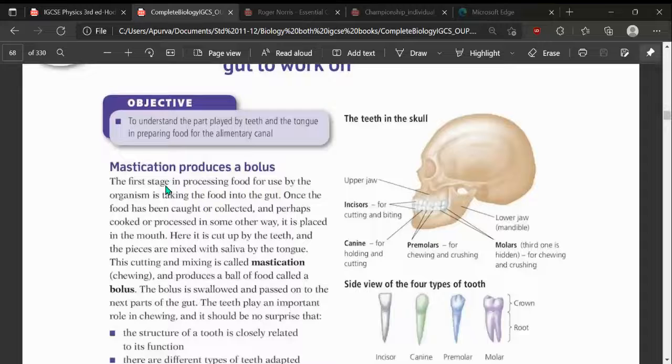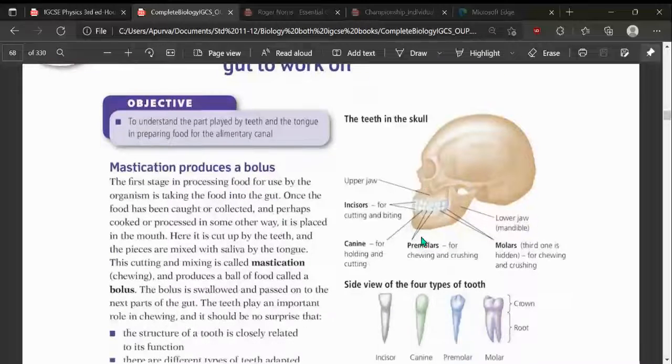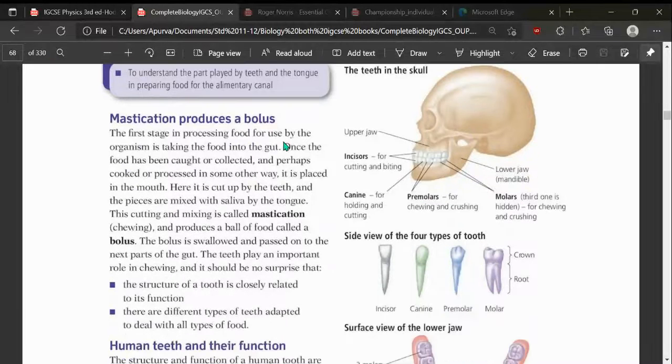Anyway, here you can see it's about the first step in processing food for use by organisms, which is taking the food into the gut. Once the food has been caught or collected and perhaps cooked or processed in some other way, it is placed in the mouth. So basically, after you eat food, you obviously put it in the mouth.